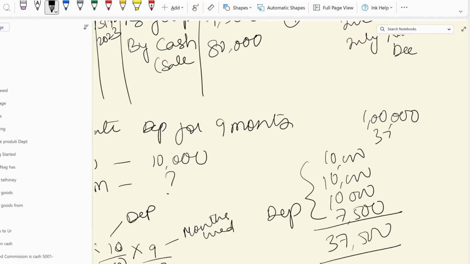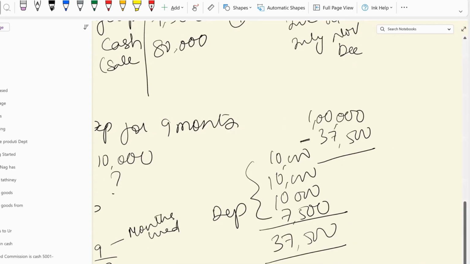Now if you deduct 37,500 from 1 lakh, how much do you get? 1 lakh minus 37,500 is 62,500.